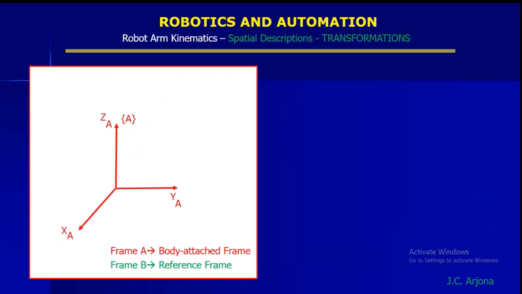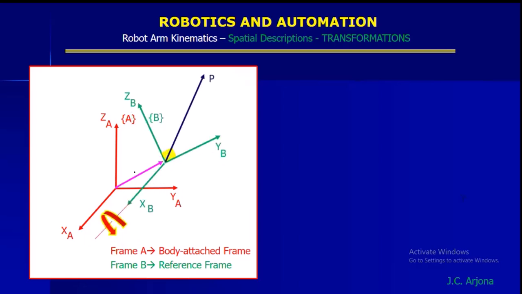How about if the origin of frame B is moved from the origin of A? So you will have a translation. Translation is this one.